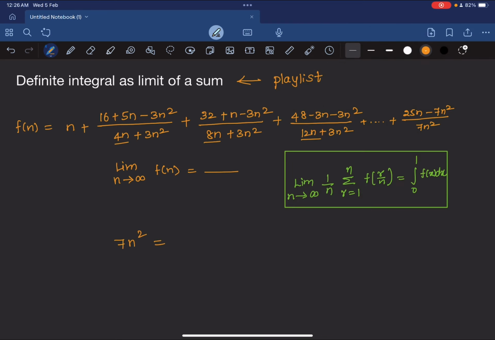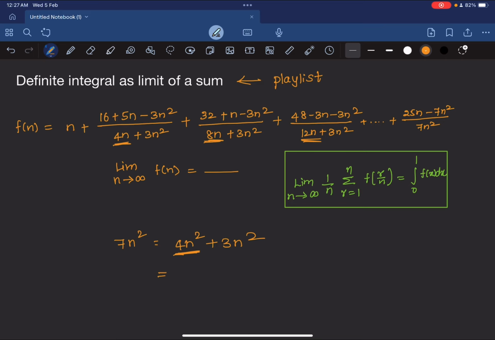Since in every term this 3n square is a constant term, this 7n square can be written as 4n square plus 3n square. So initially we have 4n, 8n, 12n, and finally we have gone to 4n square.